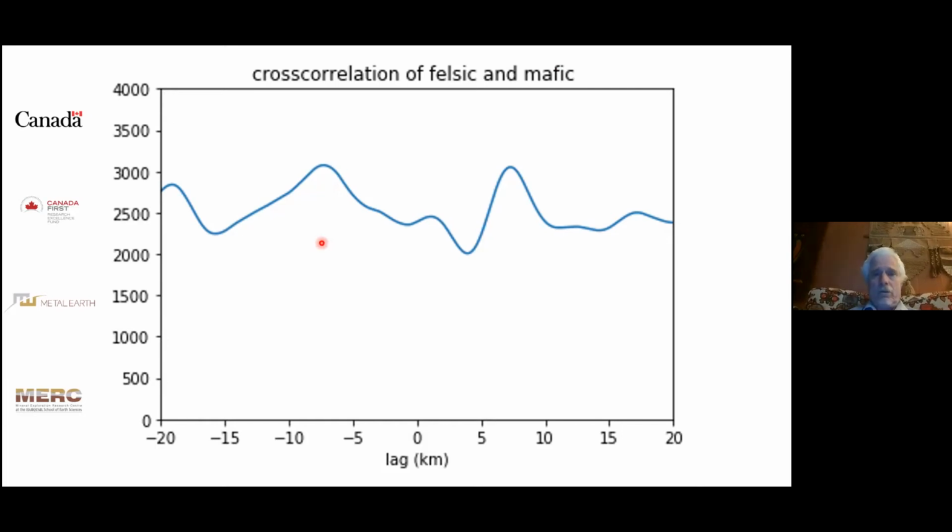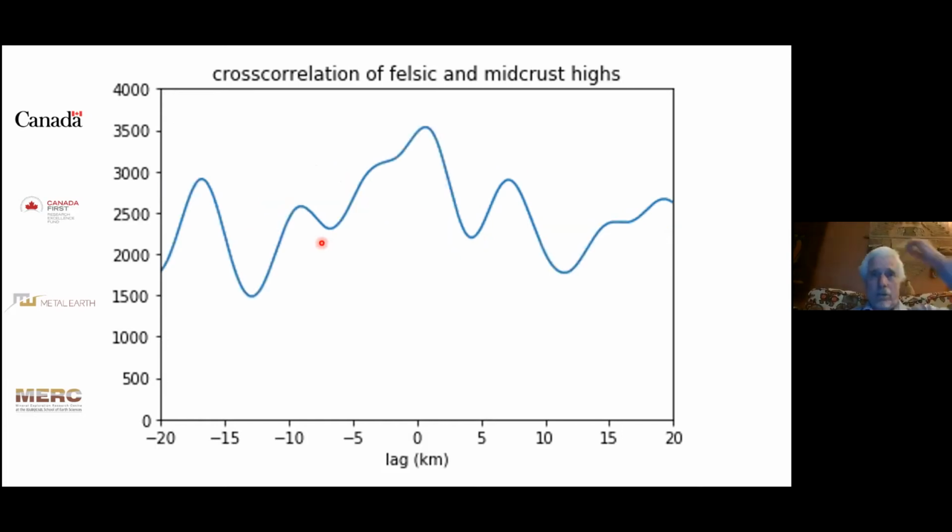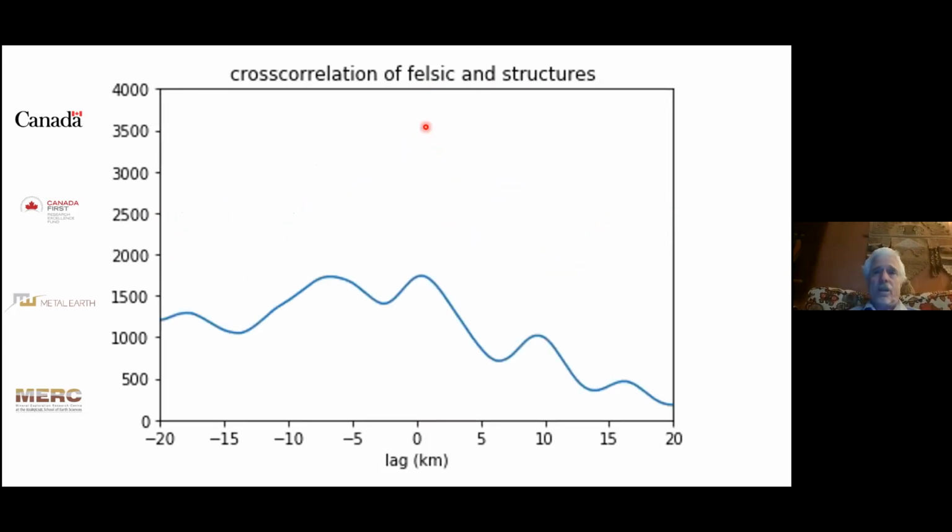And now on the next slide, I show the correlation between felsic and the mid-crust highs. Around zero, I do get a peak, and I get a background noise at around 2,500. So there is a little bit of a peak. There seems to be a correlation between felsic batholiths and mid-crust highs. And this shows the correlation between felsic batholiths and mid-crust structures.